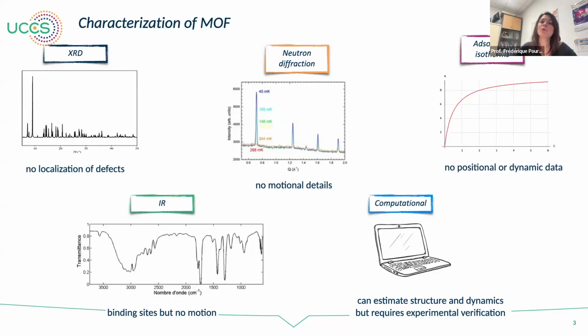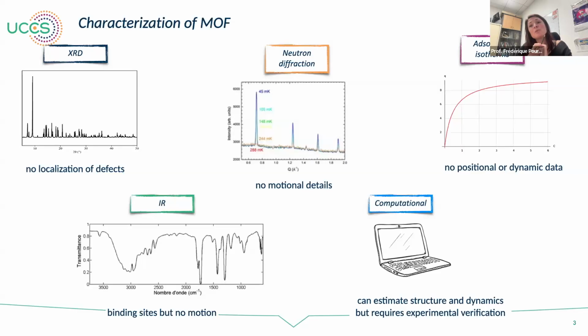You can also do adsorption isotherms, but we won't have positional or dynamic data. And if you do infrared spectroscopy, you will have information of the binding site if you study some gas that is stuck in the pores, but you won't have information of motion.